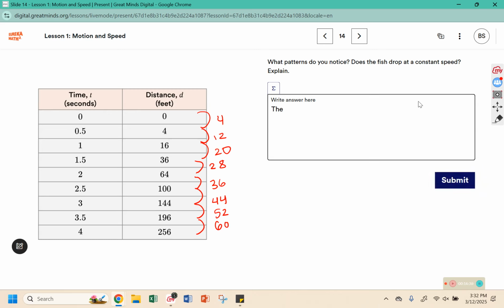The fish experiences acceleration. Since it's experiencing acceleration, the fish does not drop at a constant speed. Acceleration means that it's speeding up over time.